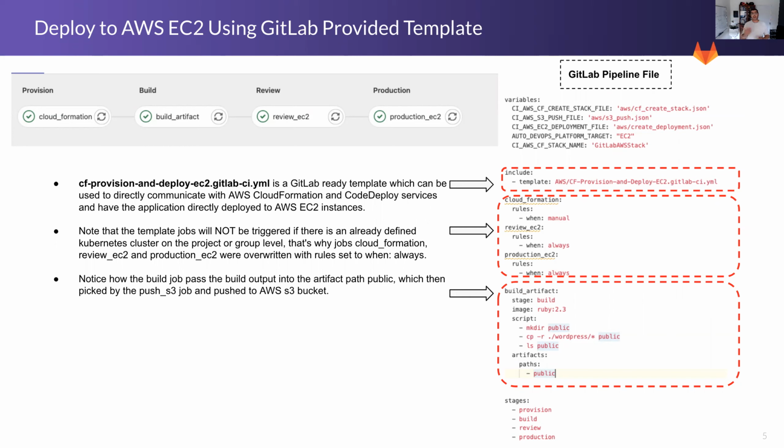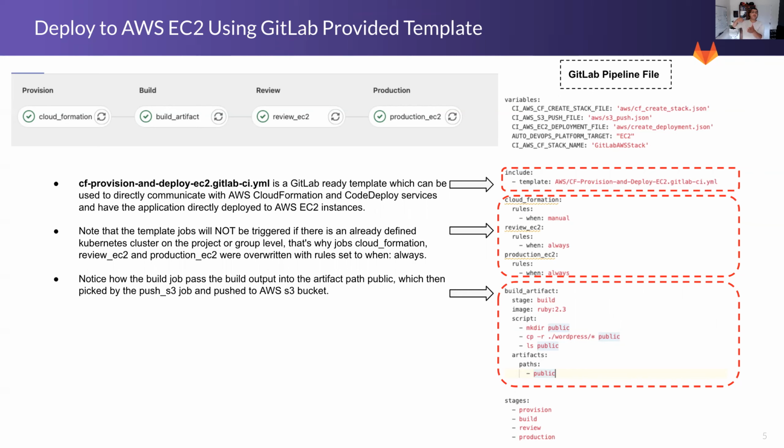By doing that, GitLab has created for our customers a template called AWS/CloudFormation/provision-and-deploy-ec2.gitlab-ci.yml, which will save you most of the steps that we have just seen in the AWS documentation.